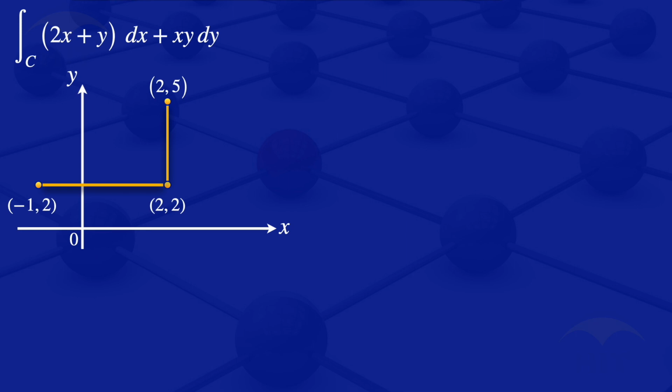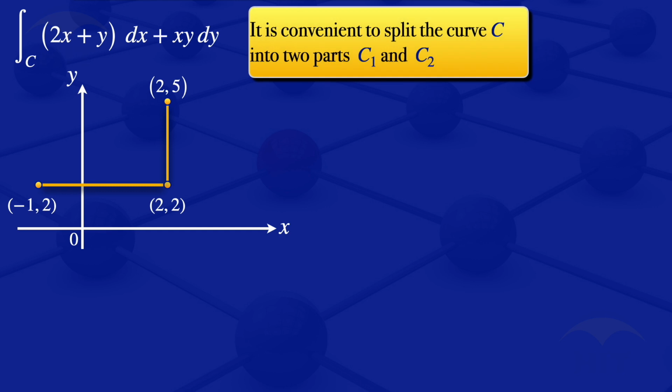For such line integrals, it is convenient to split the curve C into two parts, C1 and C2. The curve running from the point (-1, 2) to the point (2, 2), I'll call C1. Then the curve starting from (2, 2) to the point (2, 5), I'll call C2.